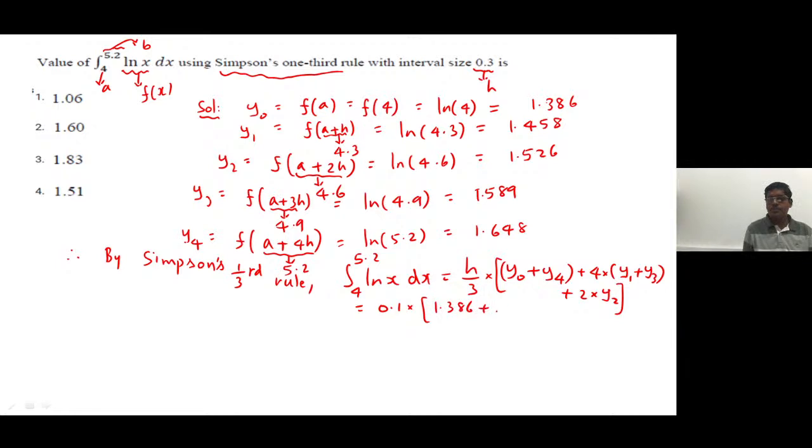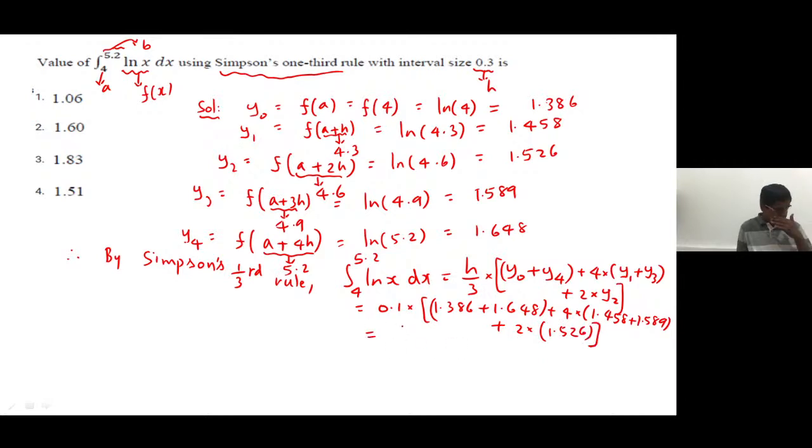1.386 plus 1.648 plus 4 times y1, 1.458 plus y3, 1.589 plus 2 times y2 value, 1.526. Close the main bracket.